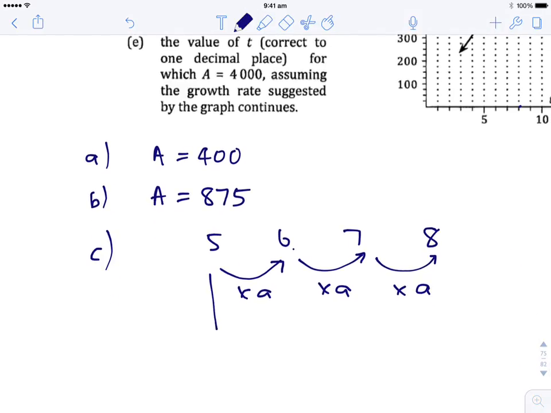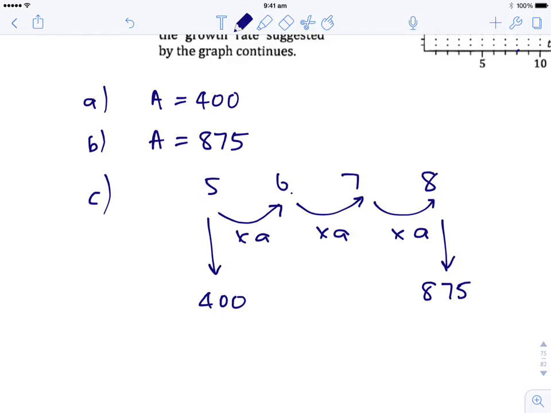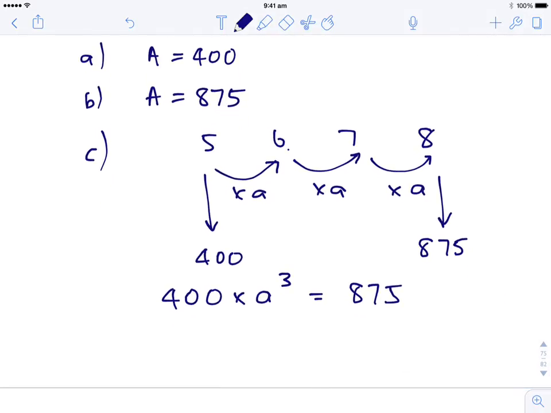So we said the value at 5 is 400, the value at 8 is 875. What have we done to go from 5 to 8? We've multiplied by a 3 times. So we've gone 400 times by a, that will give us the value at t equals 6. Then times by a again will give us the value at t equals 7, times by a again, the value at t equals 8. So we've timesed by a 3 times, and that gives us 875.